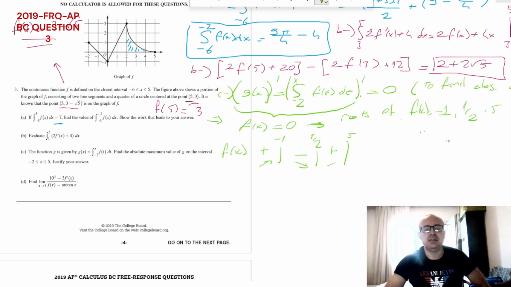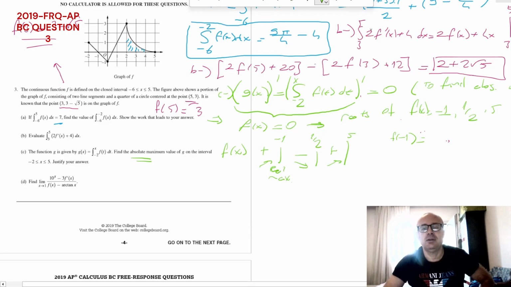Increasing, decreasing, increasing. Since we are looking for the max value, this is a relative max, first of all. Now, let's look at f of negative 1... not f of negative 1.